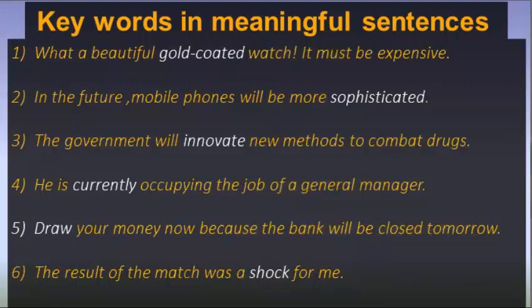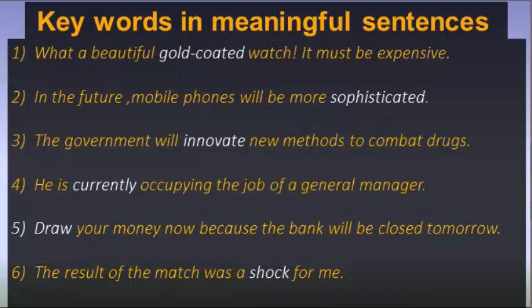Number three, the government will innovate new methods to combat drugs. New methods, so we have to innovate. Number four, he is currently, at the present time, occupying the job of a general manager.